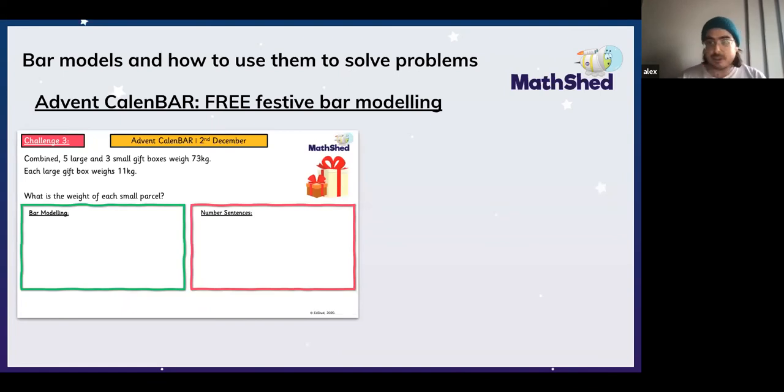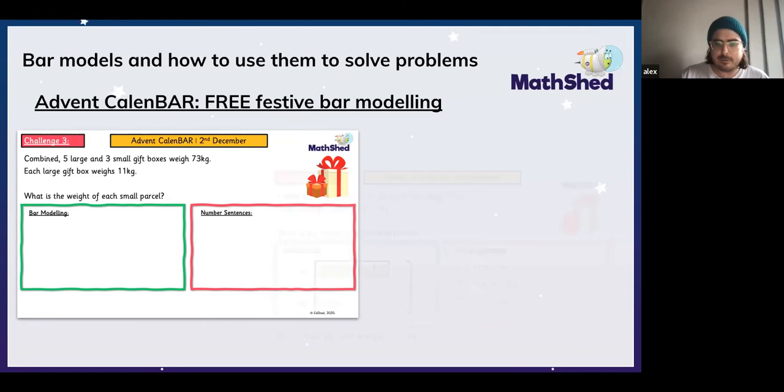Okay, so another resource that we provide, which hopefully makes bar modeling a little friendlier and more fun, is our Advent Calendar bar. I wonder where we got the idea from. Who knows? And it's something to carry on the bar modeling once you've got the kids geared up to it throughout the autumn term after the summer holidays, something to finish off the term with.